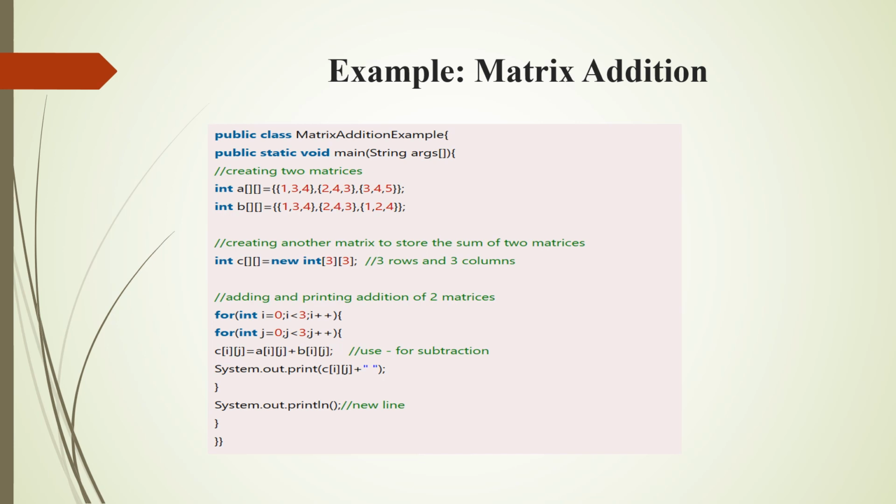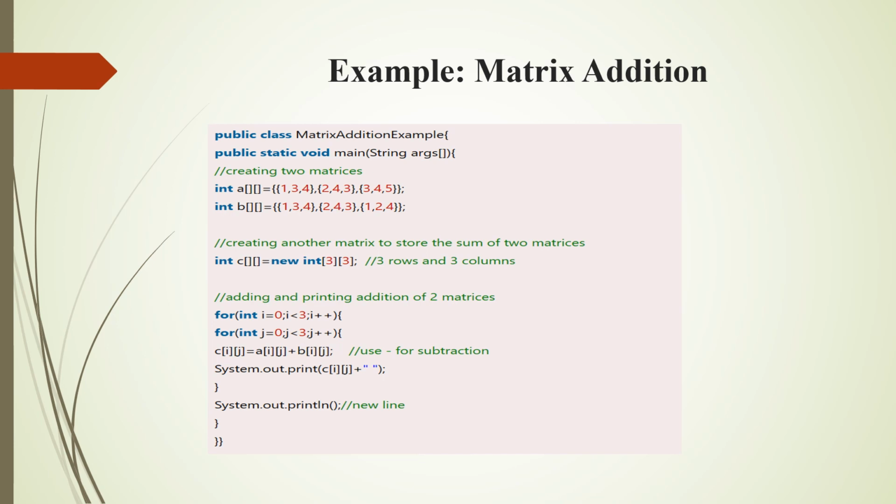Then, using a for loop, the outer for loop has the variable i = 0, i < 3, i++. It is used to go to the row position of the matrix. Then the inner loop has the variable j = 0, j < 3, j++. This is used to go to the column position.